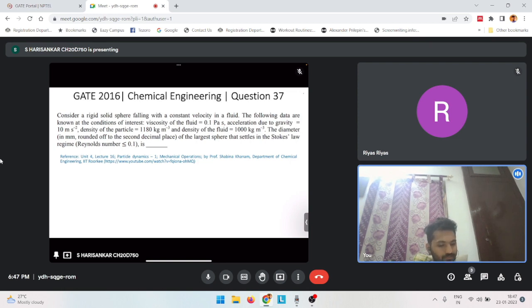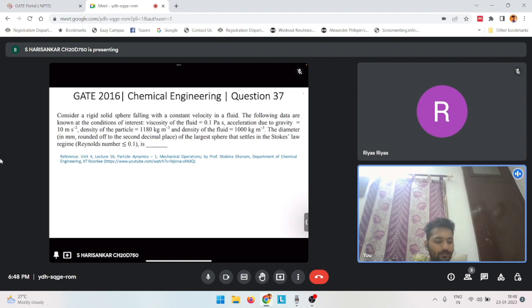This is a question from GATE 2016 Chemical Engineering, question number 37. Consider a rigid solid sphere falling with a constant velocity in a fluid. The following data are known at the conditions of interest. Viscosity of the fluid is 0.1 Pascal second. Acceleration due to gravity is 10 meter per second square.